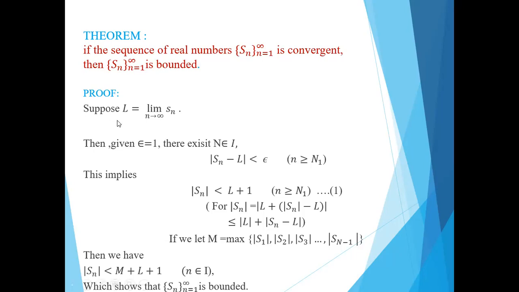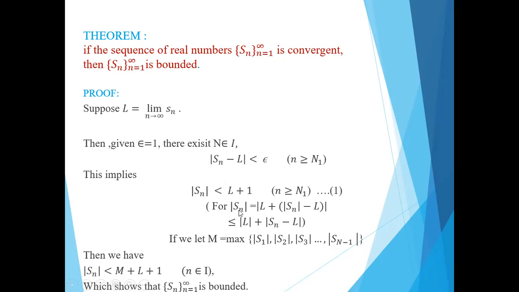Next, the proof. Suppose L equals the limit as n tends to infinity of Sn, so the sequence is convergent. Then, given epsilon equal to 1, there exists a point n1 belonging to I such that modulus of Sn minus L is less than epsilon. Therefore, for n greater than or equal to n1, modulus of Sn is less than modulus of L plus 1, equation 1.